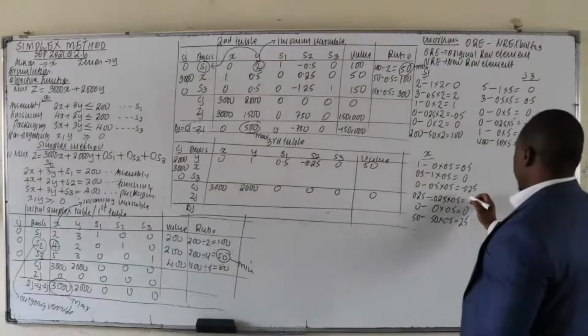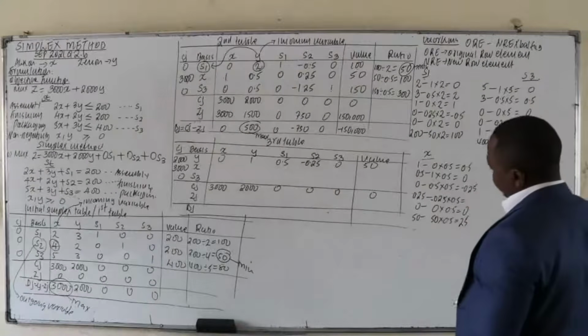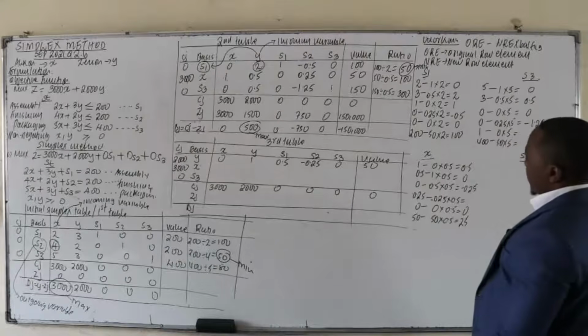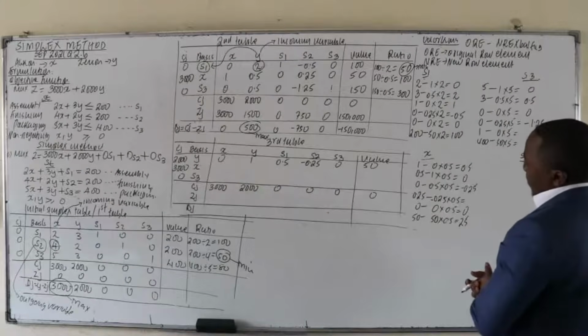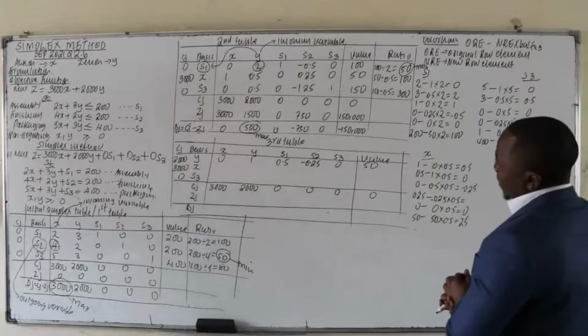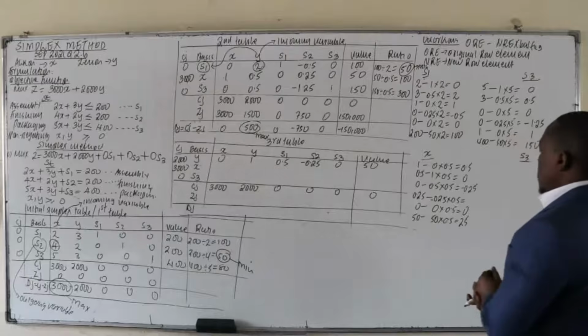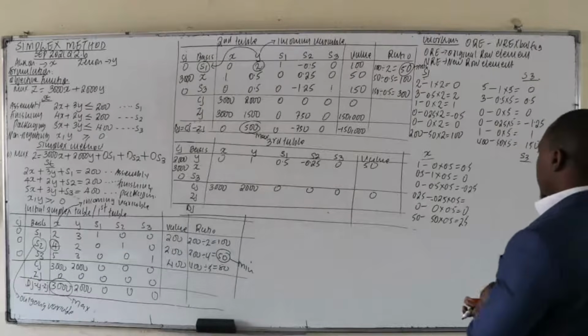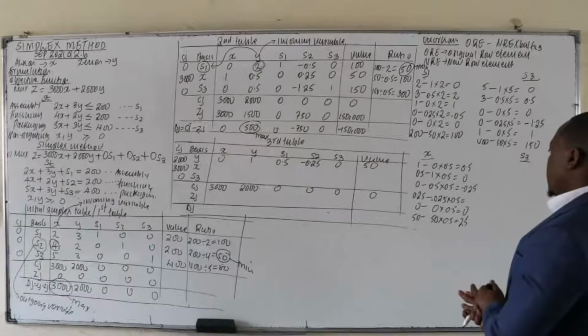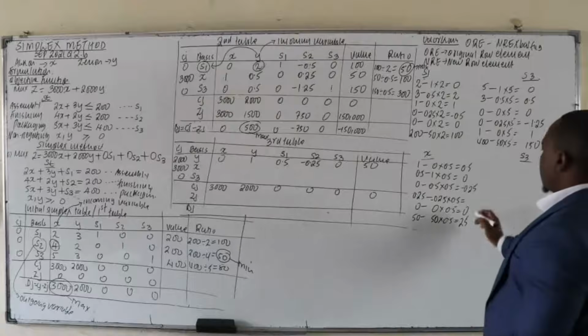Minus, minus. That one becomes 0.25. You get 0 point?